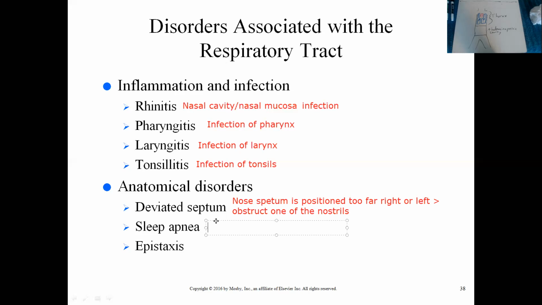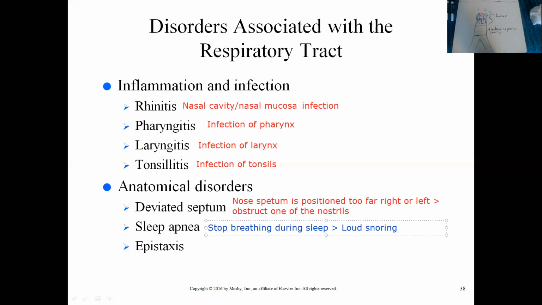Secondly, sleep apnea. This is when people stop breathing during sleep. And you might be able to even diagnose this if you sleep with someone next to you, because if people have sleep apnea, they oftentimes will have loud snoring.